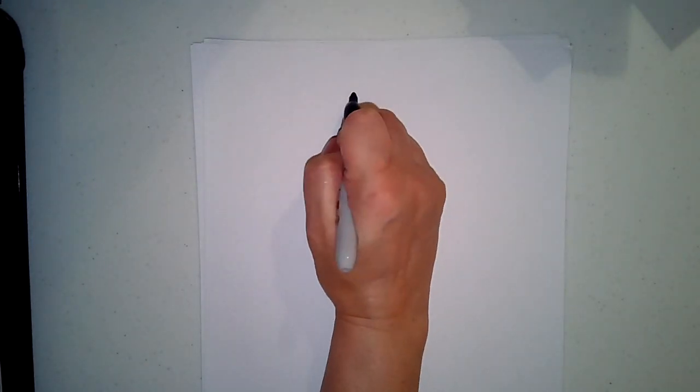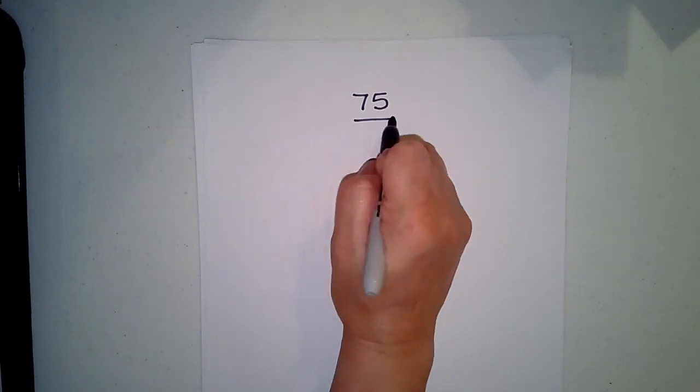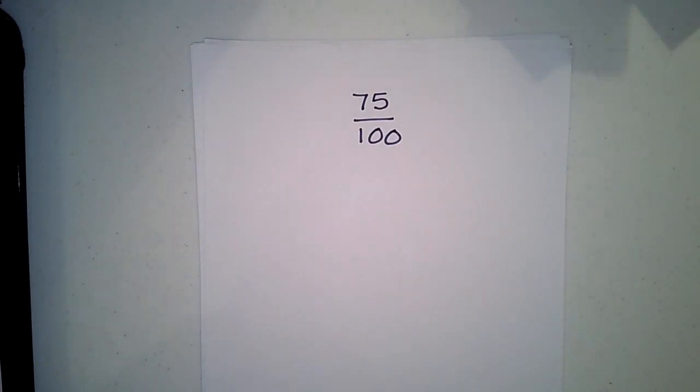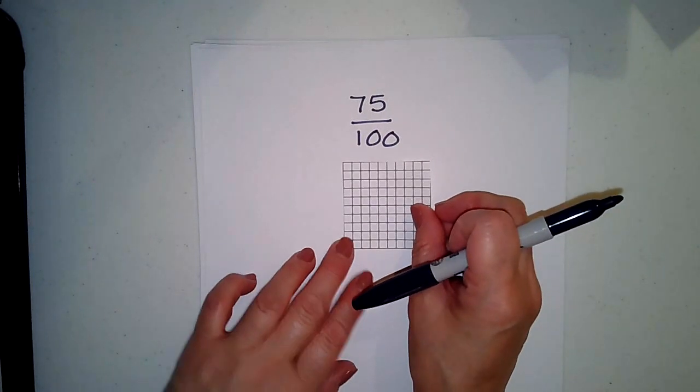Move that out of the way. All right. So the types of problems you are going to see today are problems like this one. So let's say we have 75 100ths. All right. First thing we're going to do is we're going to show what that looks like in the model.